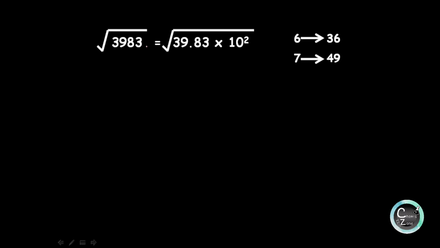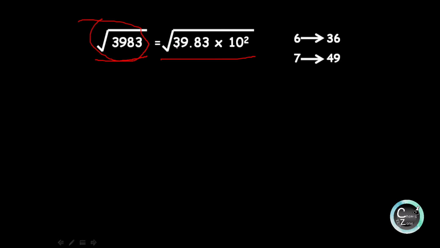Now again, let's try another example: the square root of 3983. How can we write this? We can write it like this.